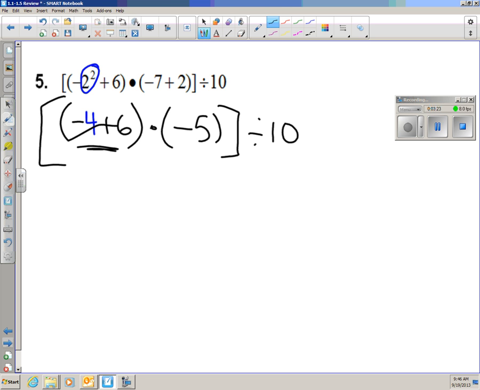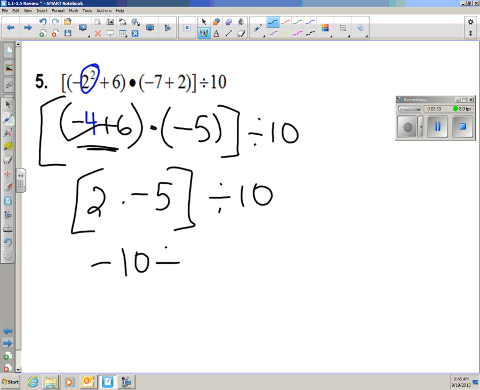And here, -4 plus 6 becomes 2. I'm still in one of those grouping symbols, divided by 10. -10 divided by 10. Again, I don't know why this is doing some funny stuff. -10 divided by 10, and the answer becomes -1.